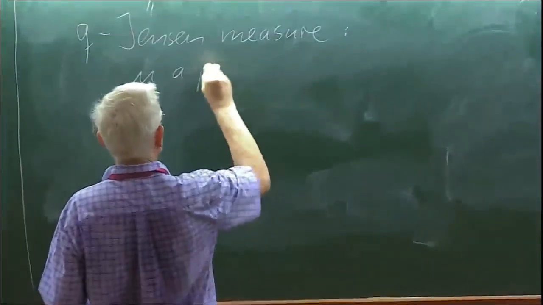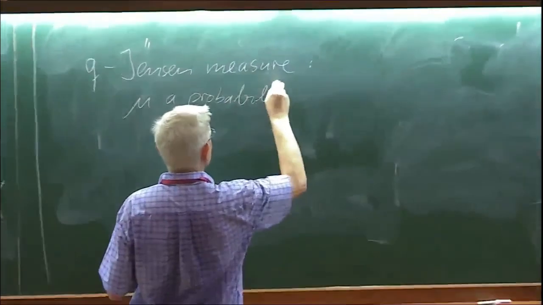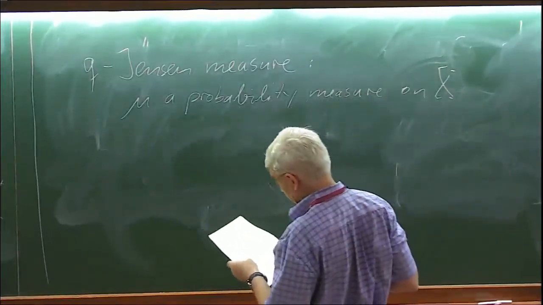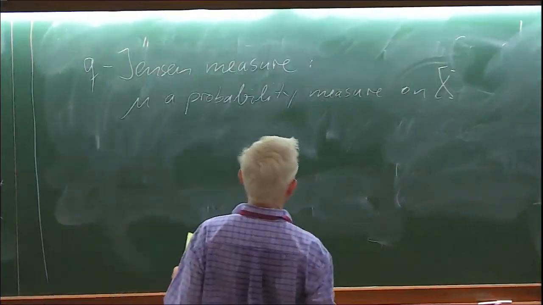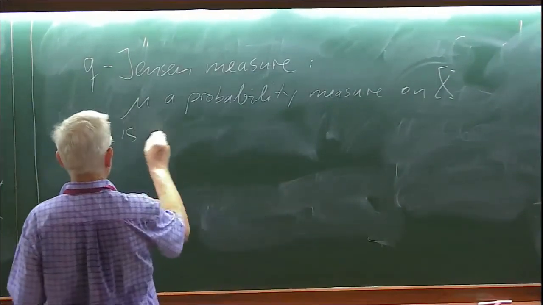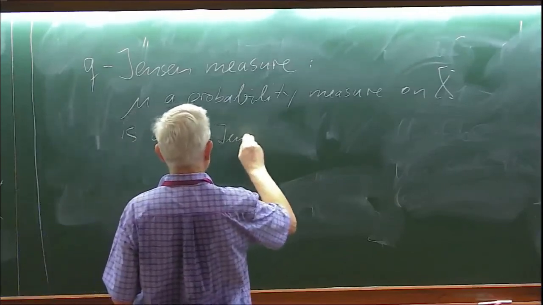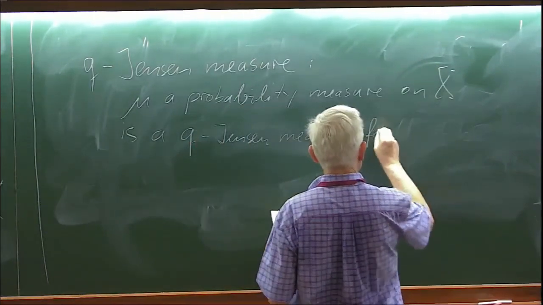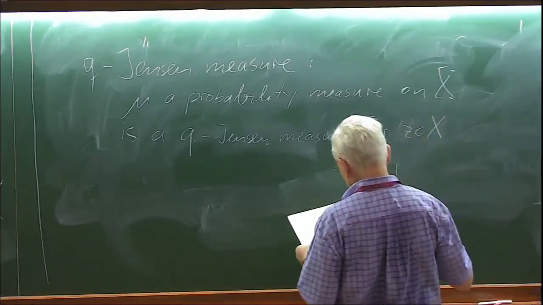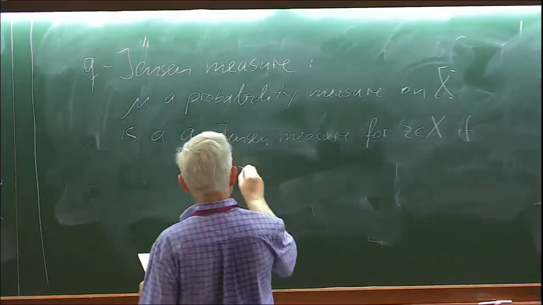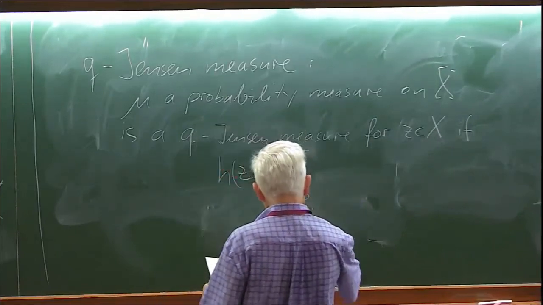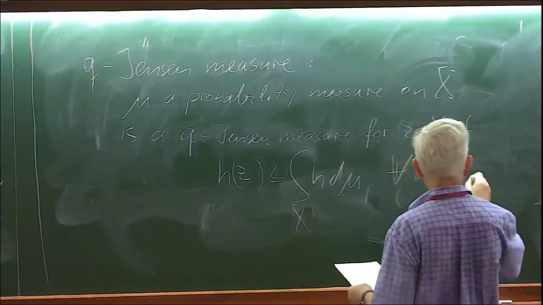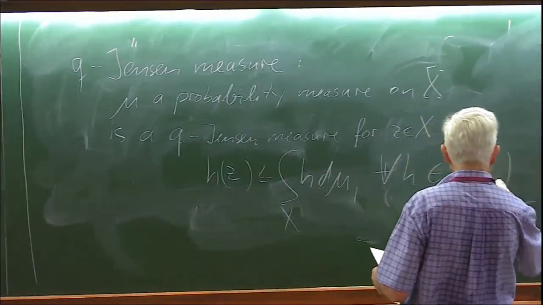Mu should be a probability measure on X. A probability measure mu on X is a q-Jensen measure for a point c in X if h(c) is less than or equal to the integral over X of h d mu for all h in P_q(X).